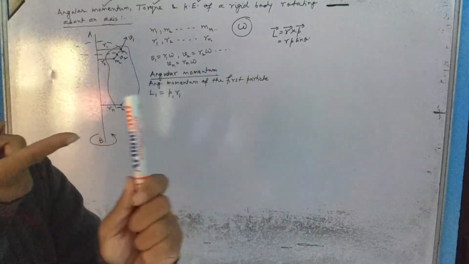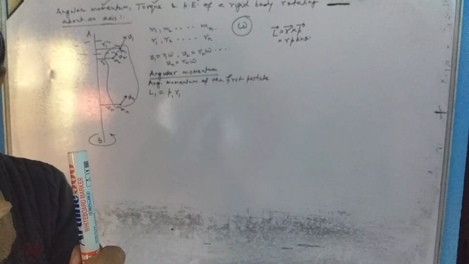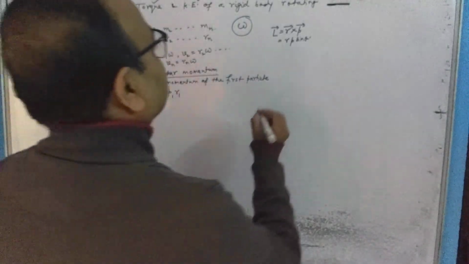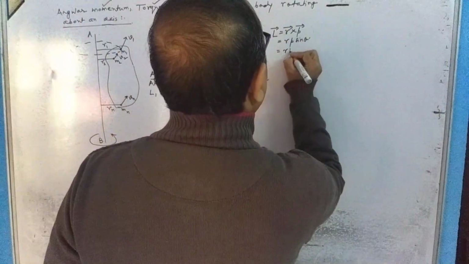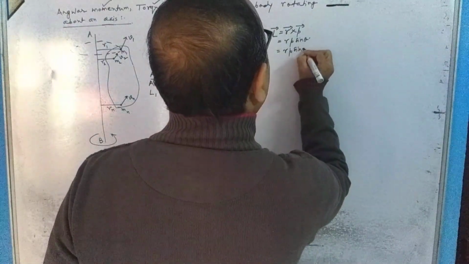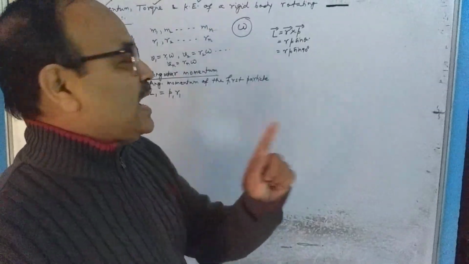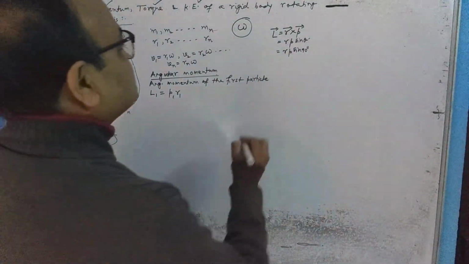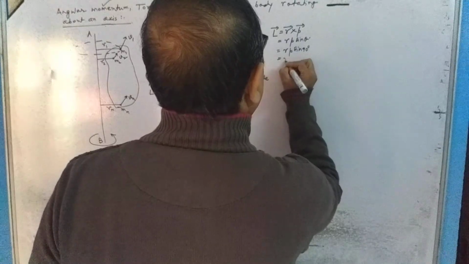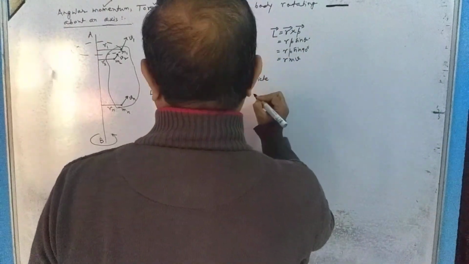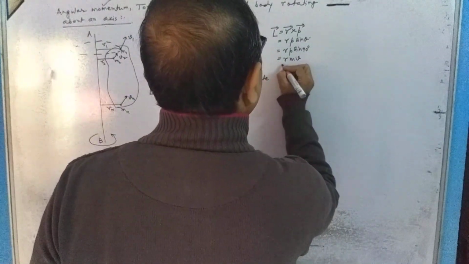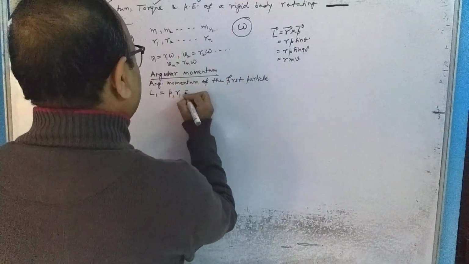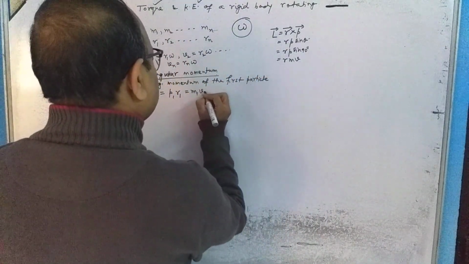Velocity and radius are always perpendicular to each other. Okay? That means here we will write R into P into sine 90 degrees. Why? Because the angle between R vector and P vector will be 90 degrees. That means how much it will be? It will be R into M into V. Okay? That means here also I will write M1, V1, R1.